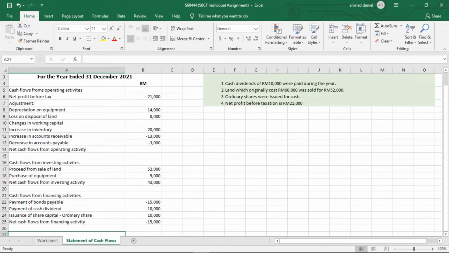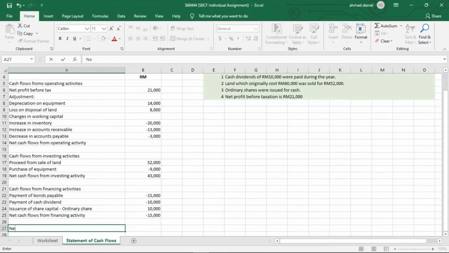To know whether it is a net increase or net decrease in cash equivalent, we will add the net cash flow from operating activities, net cash flows from investing activities, and net cash flow from financing activity.